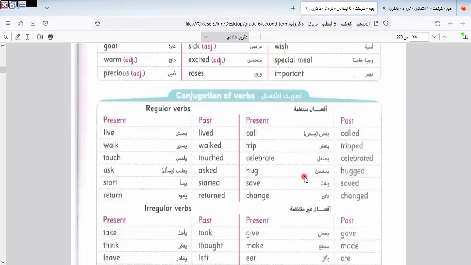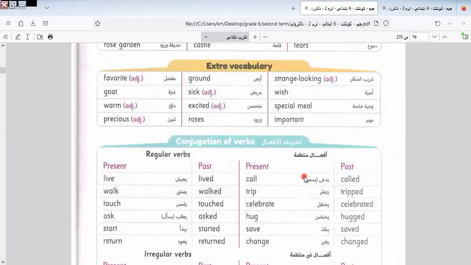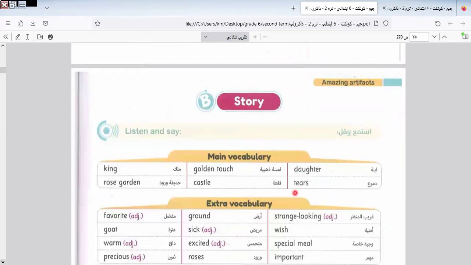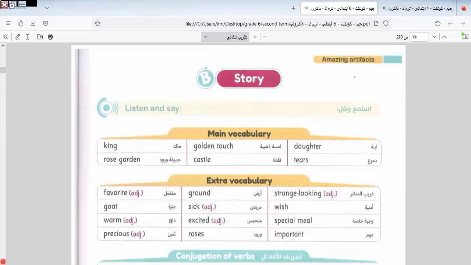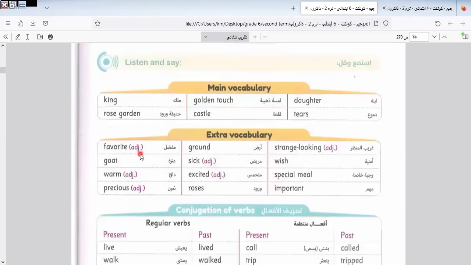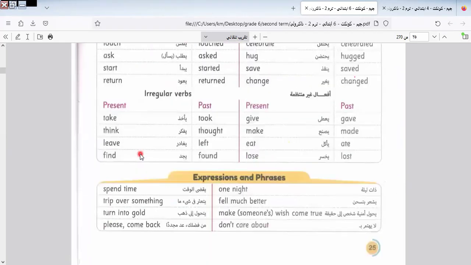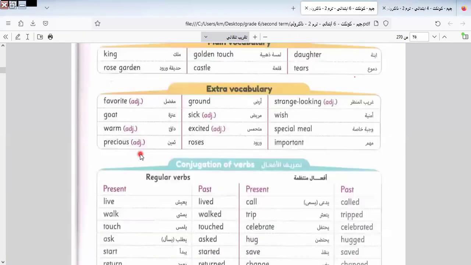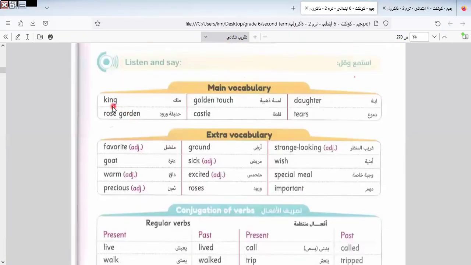Here is a story. I will give you a brief about the vocab that we see during the story, and I stop here today because I would like you to study what we took today, and I don't want to give you too many things to study. Here we have king, golden touch, daughter, rose garden, castle, tears.